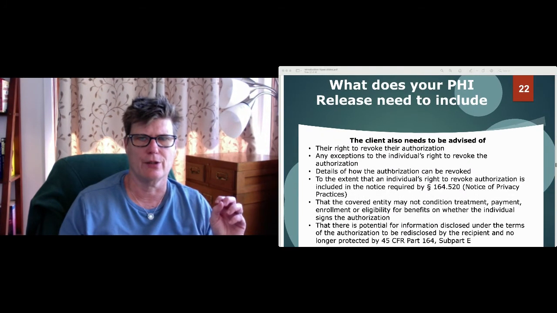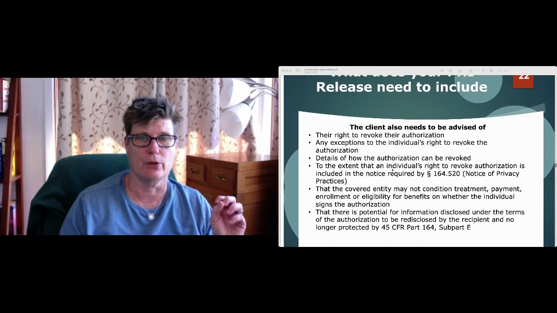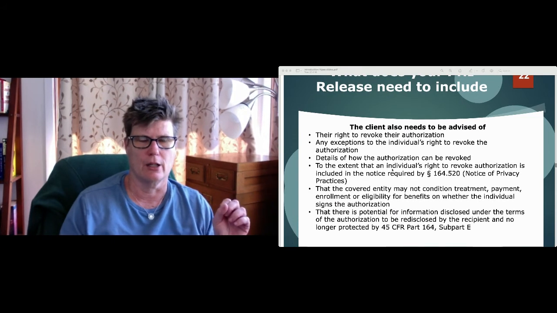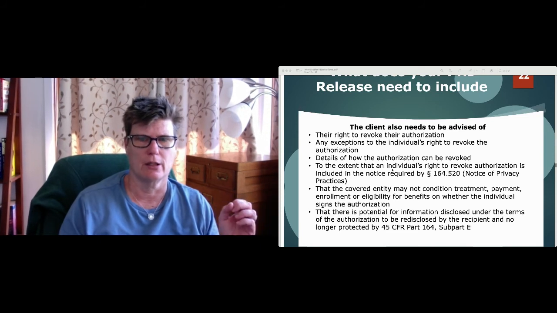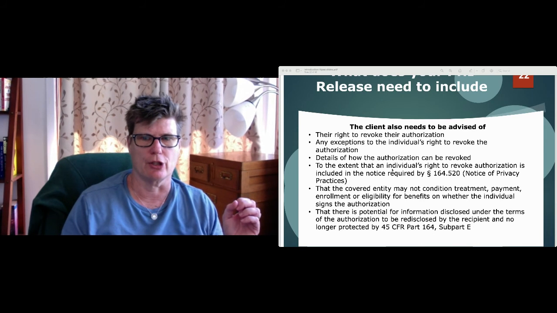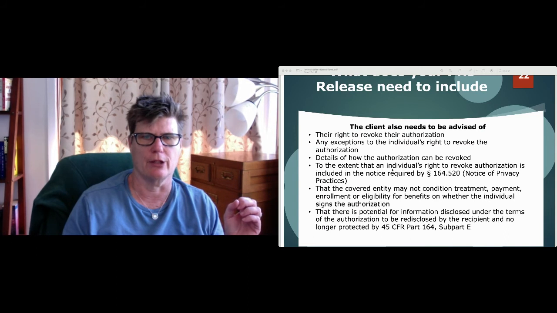The client also needs to be told that they can revoke the authorization, so that needs to be on the authorization, along with any exceptions to that and how they would revoke it. And that we're not allowed to condition treatment, payment, enrollment, or eligibility for benefits on whether the individual signs the authorization or not.